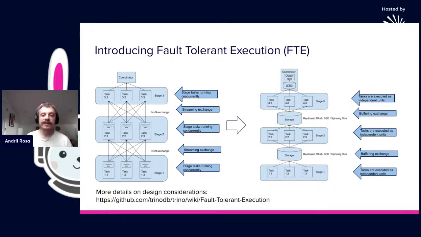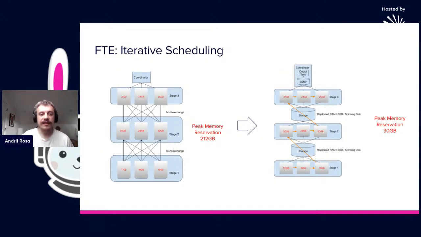What it gives us is that it allows each task in a query to be executed completely independently of any other. And this simple yet very powerful improvement opens a lot of very interesting opportunities.